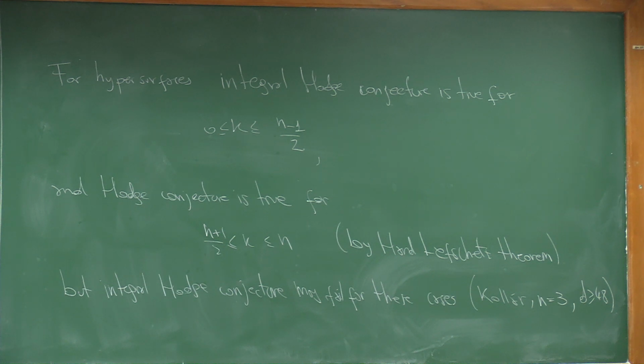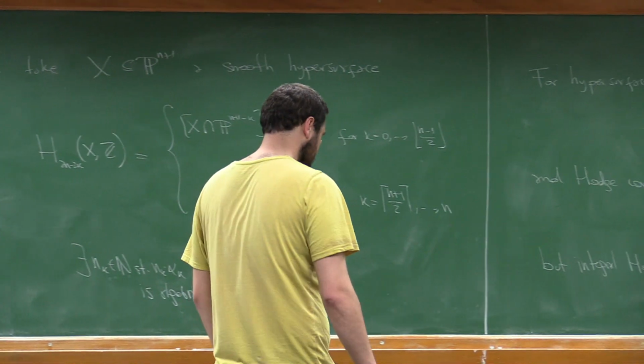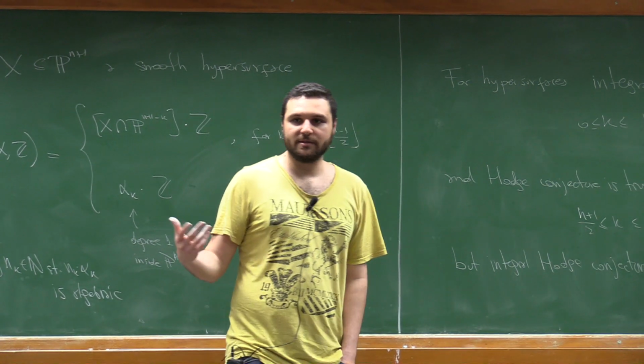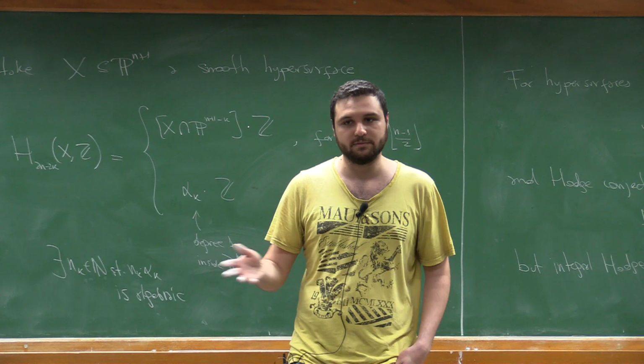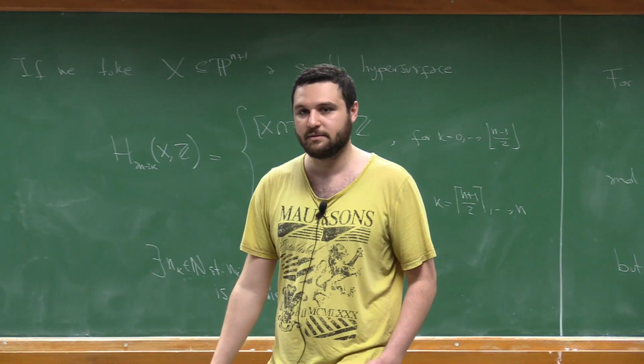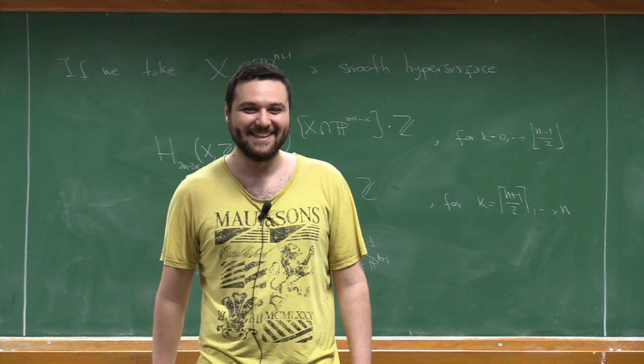I was just confused at the moment, but it's true for a complete intersection too. It's just applying the same hyperplane section theorem inductively. You will be able to do it. Maybe I should put it in the exercises too.